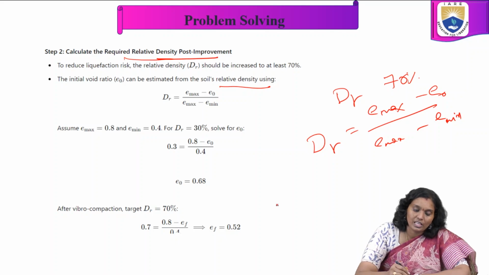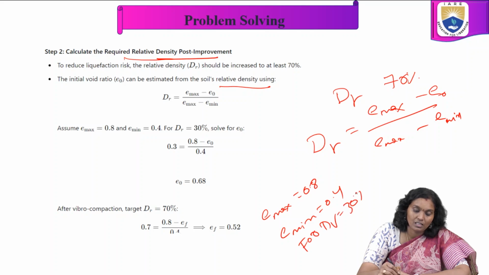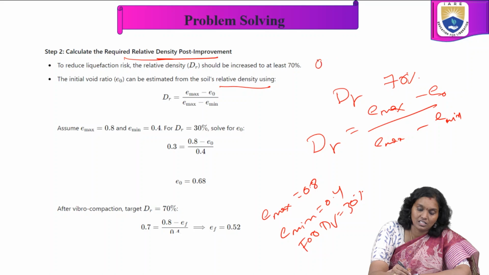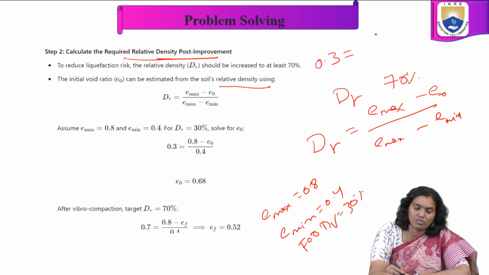Here assume E max is equal to 0.8 and E minimum is equal to 0.4 for relative density 30%. Solve for E naught.